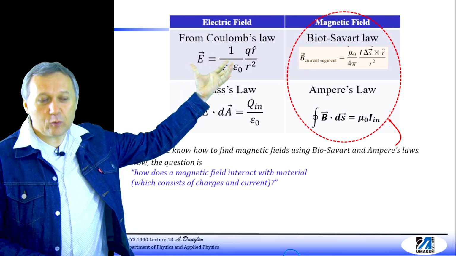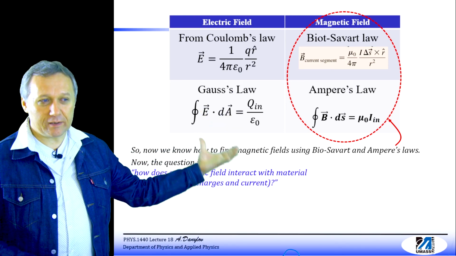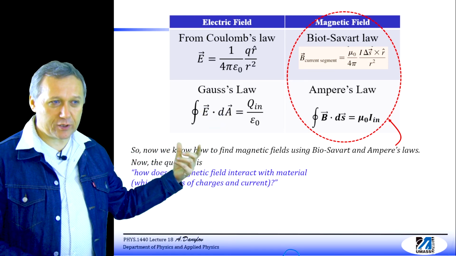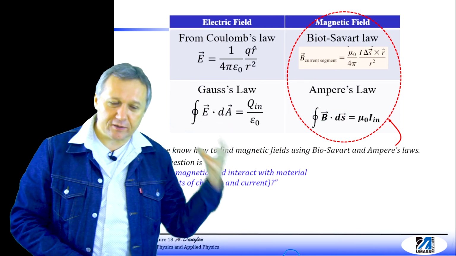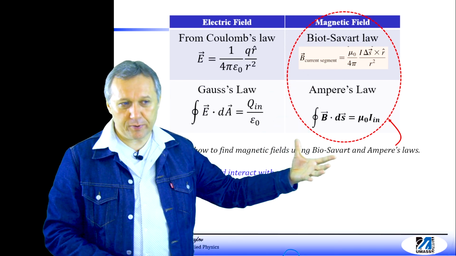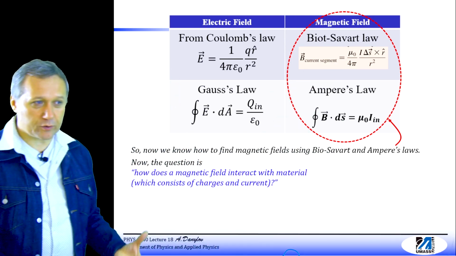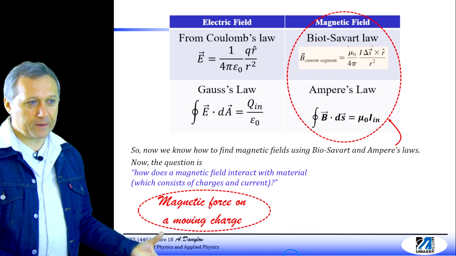So the ways of finding electric field, and then we added electric force. That was our foundation. Now in the world of magnetism, we're making extremely similar steps. Two ways of finding magnetic field, Biot-Savart law and Ampere's law. And now we need to introduce the formula which describes interactions, magnetic force, right?